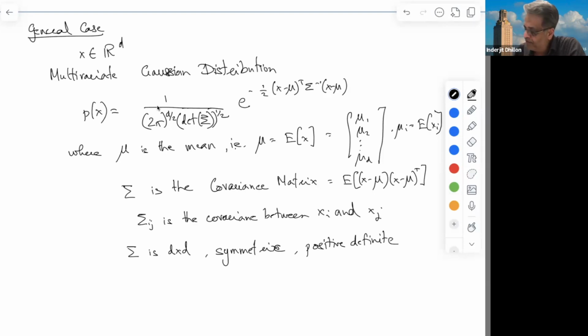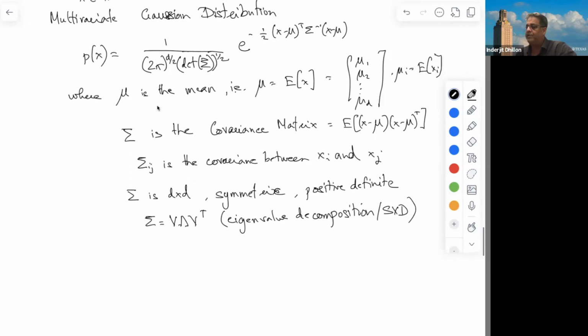So sigma is V lambda V transpose, which is the eigenvalue decomposition. The only set of matrices for which the eigenvalue decomposition and the singular value decomposition are identical are the positive semi-definite matrices. You can call it either the SVD or the eigenvalue decomposition.